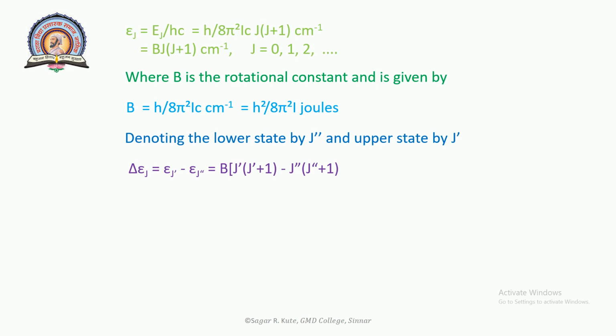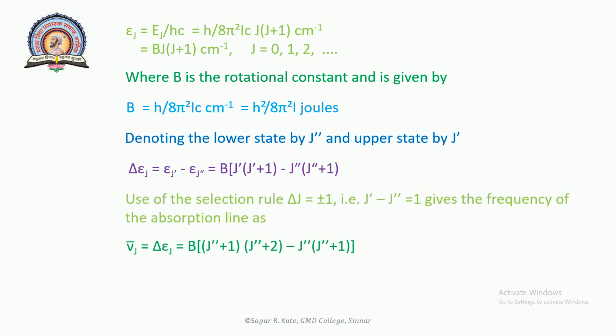Use of the selection rule delta J is equal to plus 1, that is J dash minus J double dash is equal to 1, gives the frequency of the absorption line as v bar J is equal to 2B bracket J plus 1, J is equal to 0, 1, 2, 3.